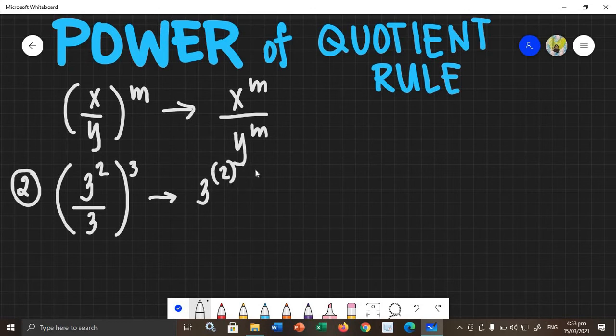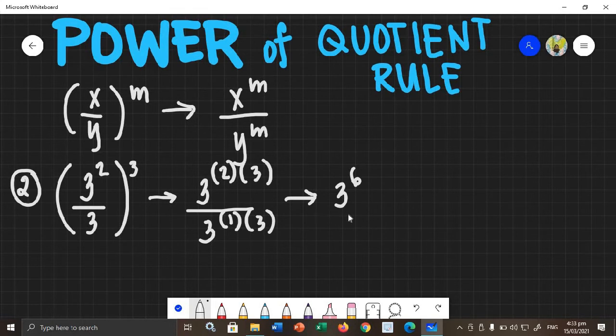Si 2 i-multiply natin kay 3. And then si 3, may exponent yan, that is 1. Multiply din natin kay 3. Simplifying this, we have 3 raised to 2 times 3, that is equal to 6. And then over 3 raised to 1 times 3, that is equal to 3.